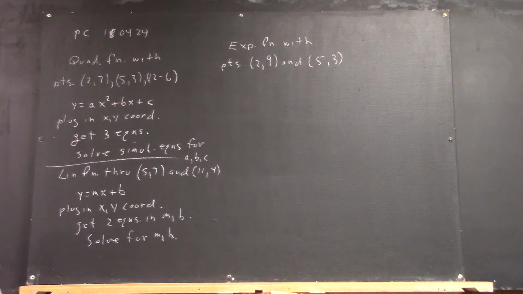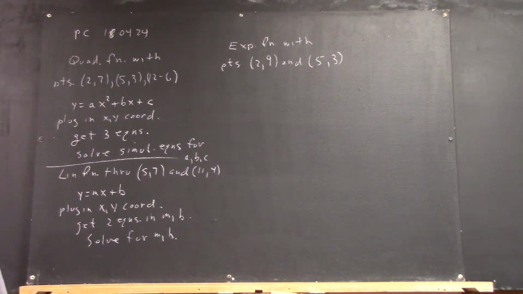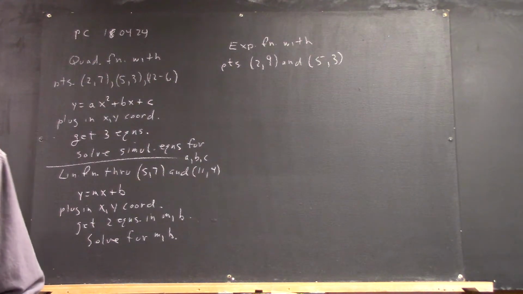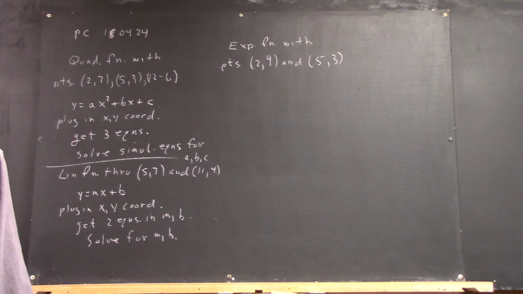What do you do? Well, what form do you want to use for your exponential function? Logarithm. Well, we might end up doing some logs. Actually, it turns out you don't have to. So it's going to be kind of nice.